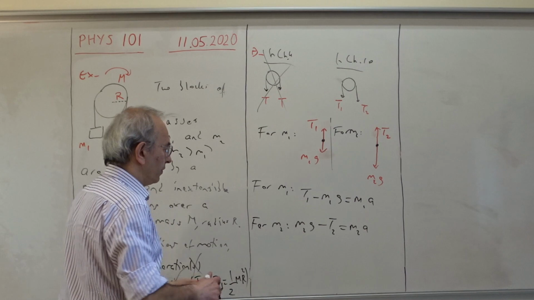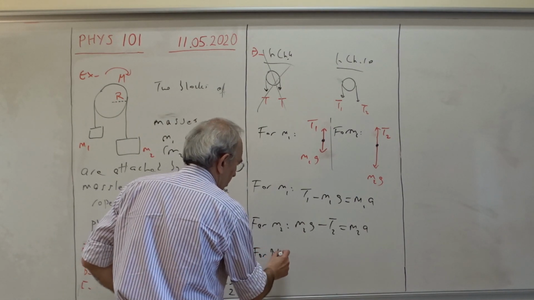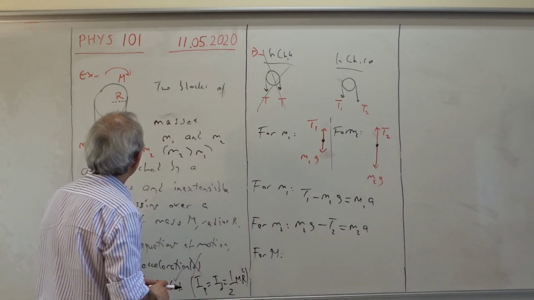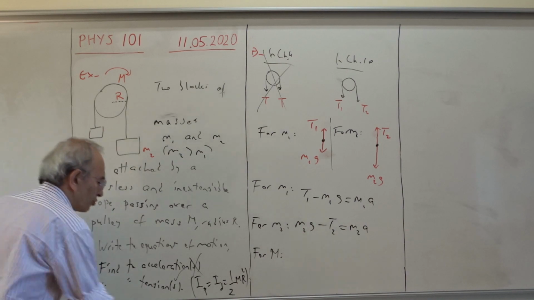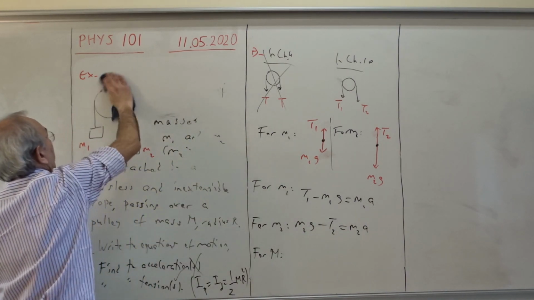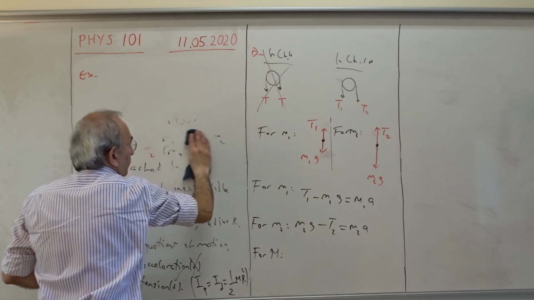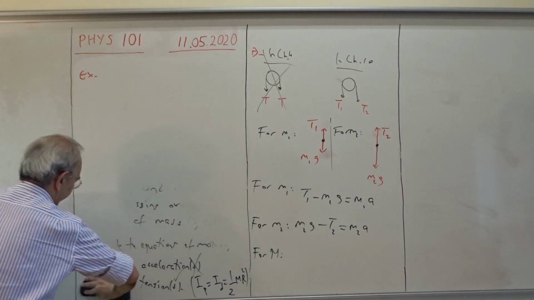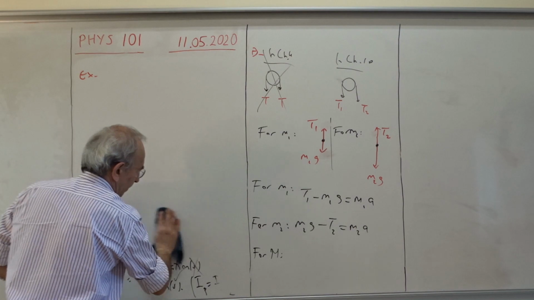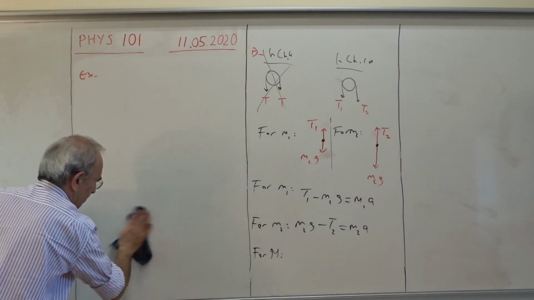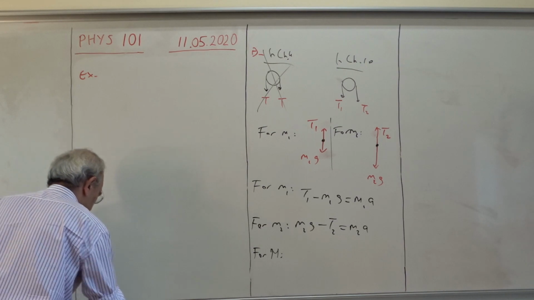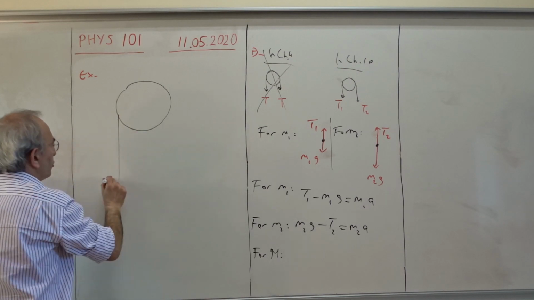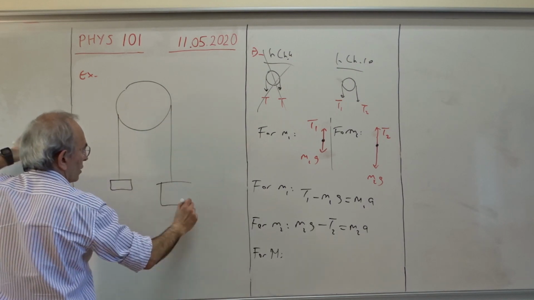What about the pulley, for capital M? Let me draw the picture for that. We should see here the total picture first. For instance, this is the whole pulley, and those are the objects.